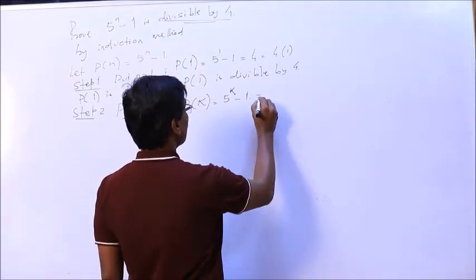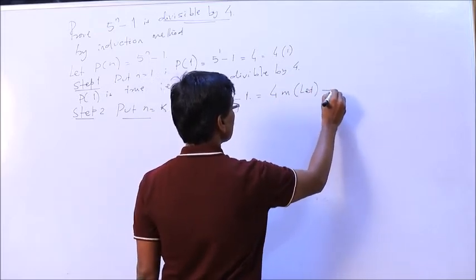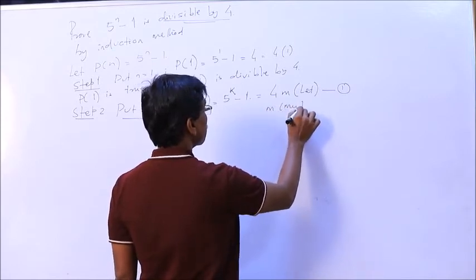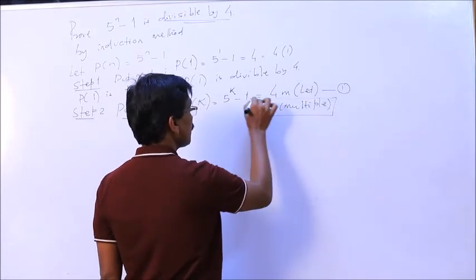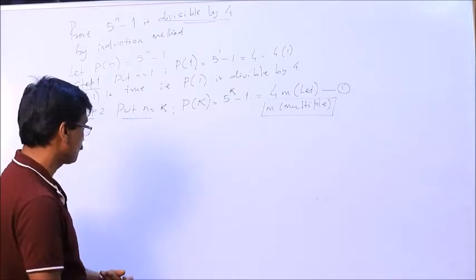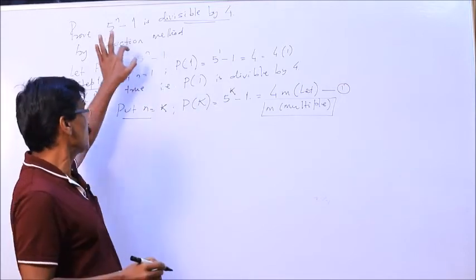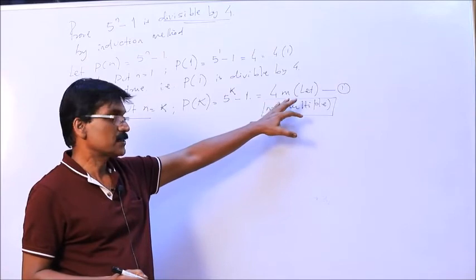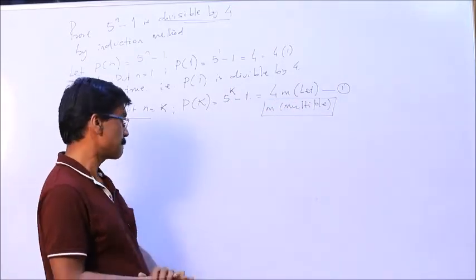Suppose that is equal to 4m, where m stands for multiple. Then assume Pk, n is equal to k, that is 5 to the power k minus 1 is divisible by 4 or it is a multiple of 4, suppose that is equal to 4m.